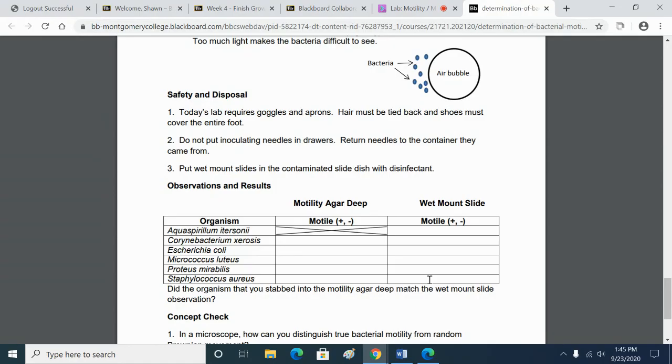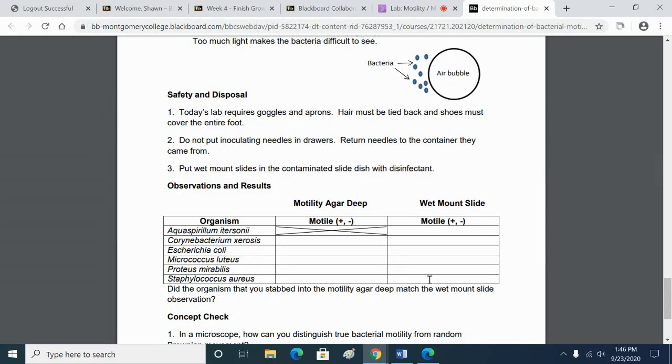So the bottom half is correct, because remember, that's where the youngest, healthiest bacteria can be found. It's in the bottom half. So that's where you want to get your sample, right, to observe motility. If you take the bacteria from the top half, well, those bacteria are old, right? They're sick, they're dying, so they're not going to be motile. So just something to think about, right?